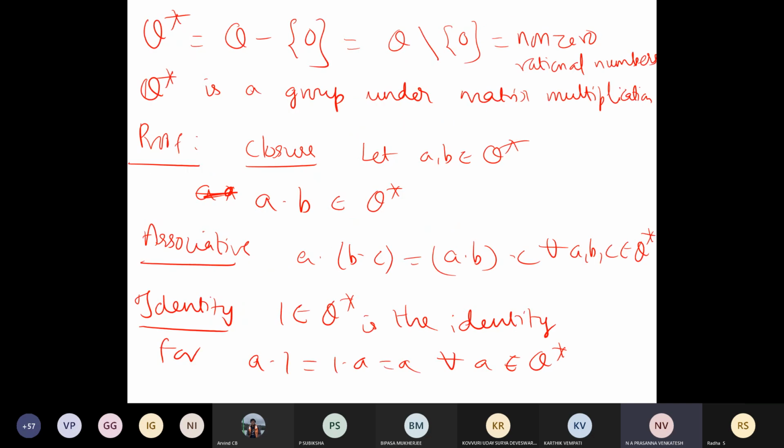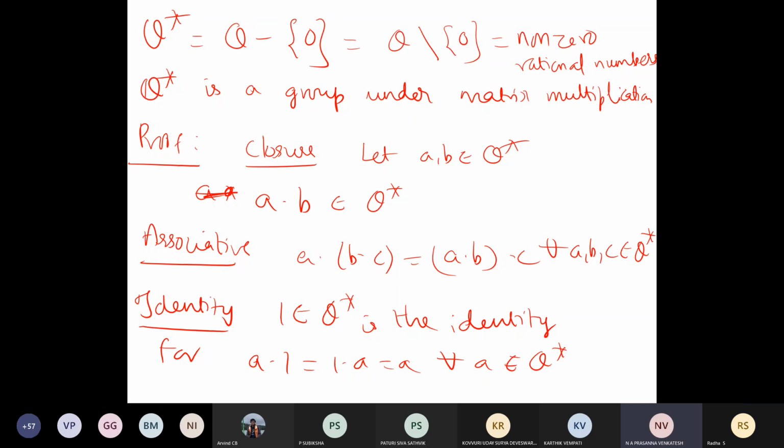Ma'am, this abelian holds for only groups? If for a group the commutative property is satisfied, then we call it an abelian group.